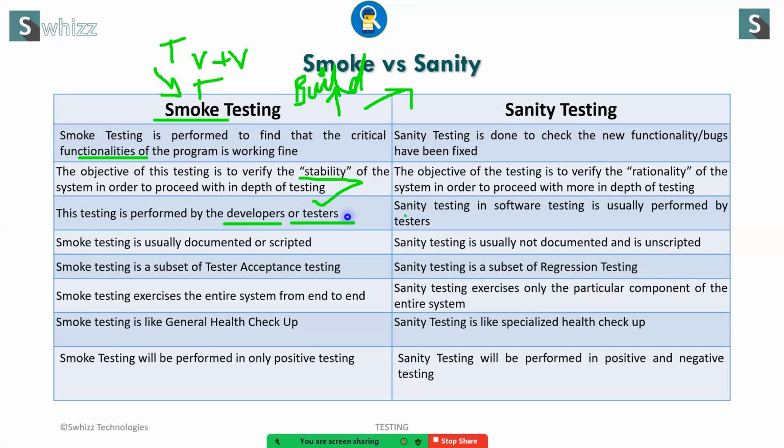Coming to sanity testing, it is usually performed by the testers only, because after the developer fixes the bug, as a tester, you perform it to make sure the bug got fixed. Smoke testing is usually documented or scripted.